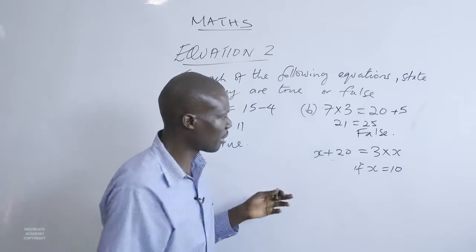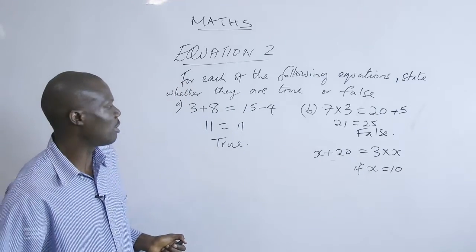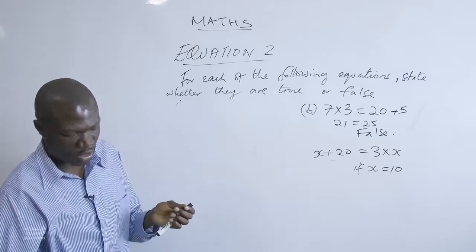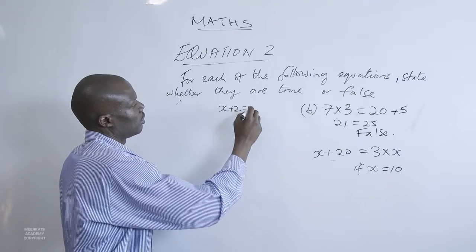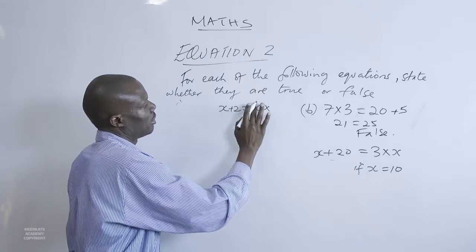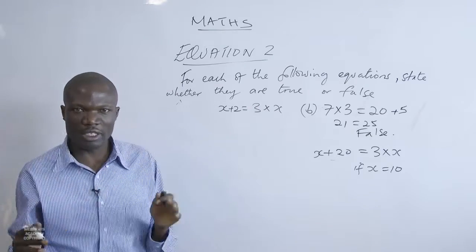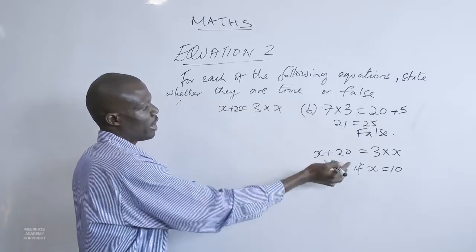False. And lastly, given that we have x plus 20 is equals to 3 times x. But x is 10, so we substitute where x is.